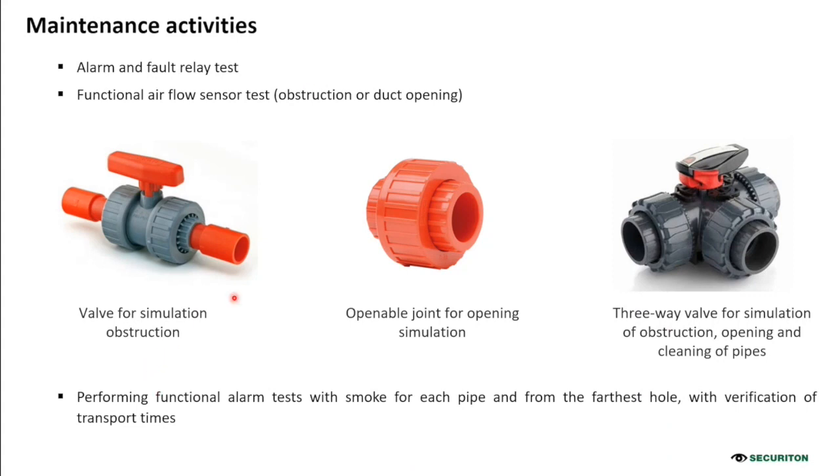To simulate an obstruction, you can use a valve like this. To simulate an open pipe or leakage, you can use these openable joints. The best of all is to use the three-way valve, because with the three-way valve, you can clean the pipe, and at the same time, you can make both obstruction and opening.